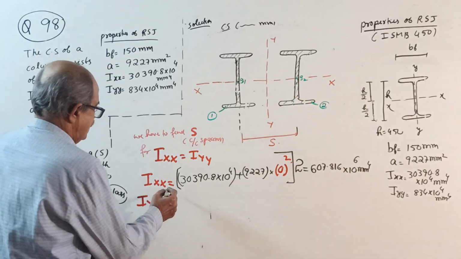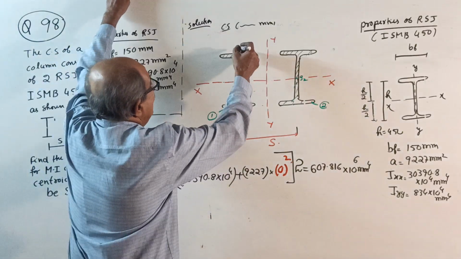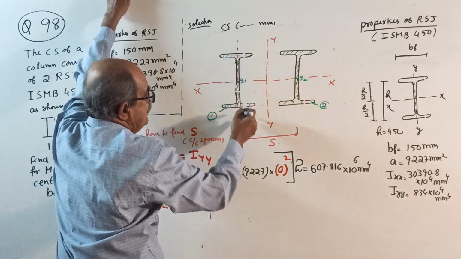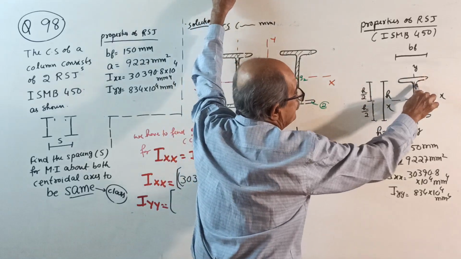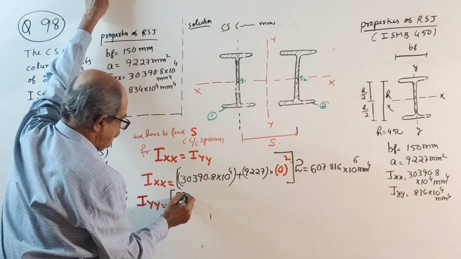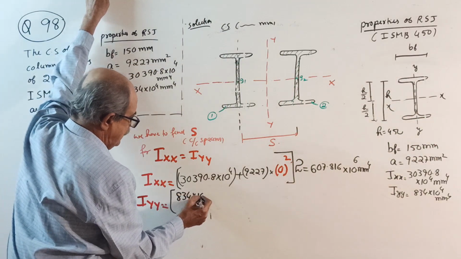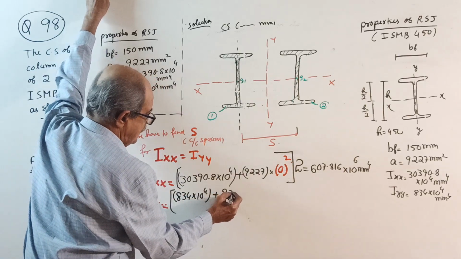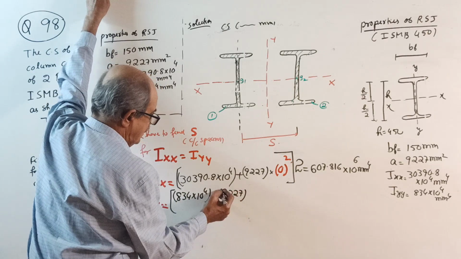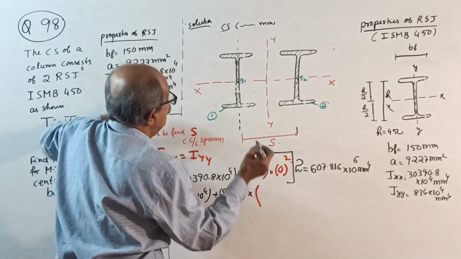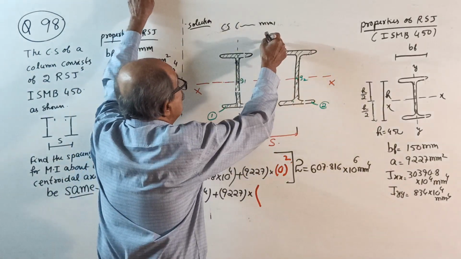Okay, I about its own centroidal axis here. This axis is I about this axis. 834 into 10 to the power 4 is Ig, plus area 9227 is the area, into the distance from centroid G1 to YY.